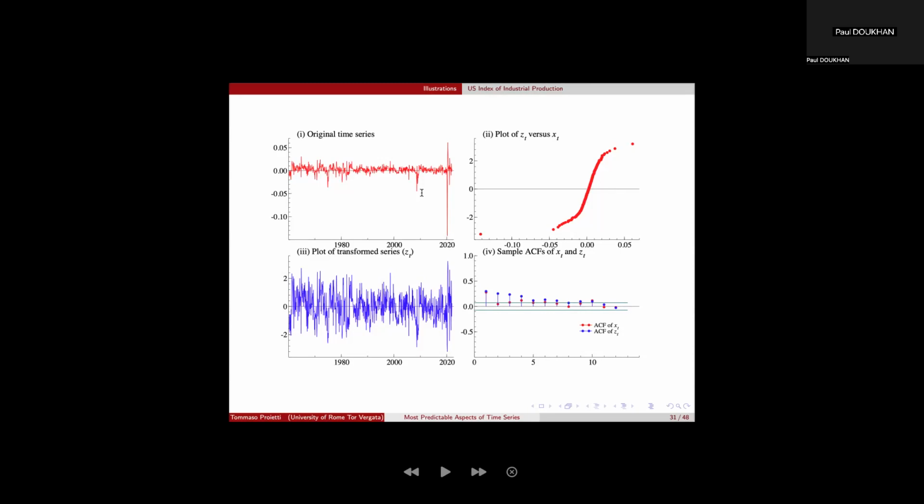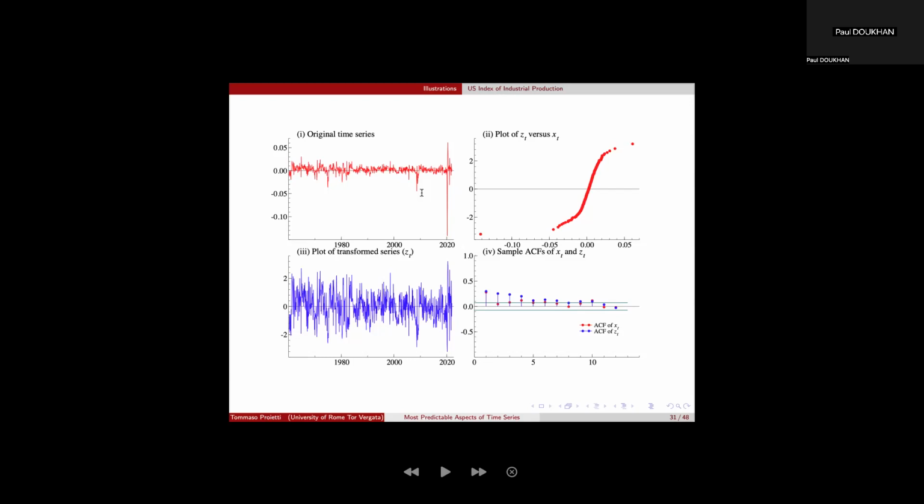This is because of the lockdown, and this is the subsequent recovery. So this is the monthly growth rate of the US industrial production. Monthly growth goes down during the lockdown, and then after the recovery, it goes up by a large amount because the previous month was way down.